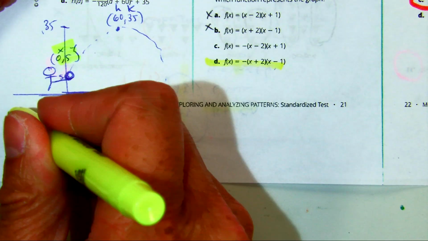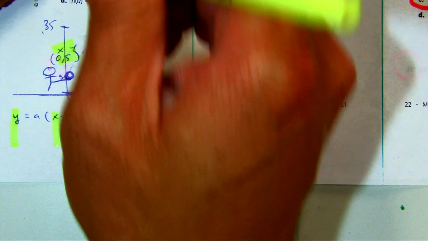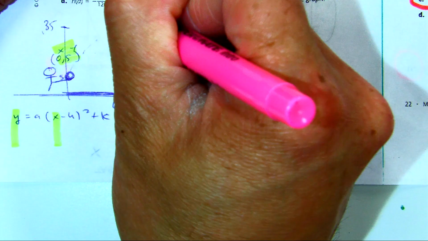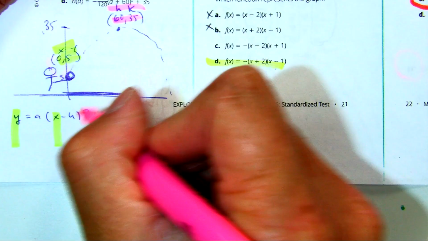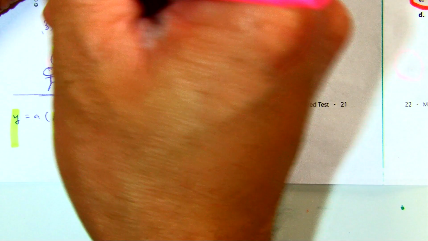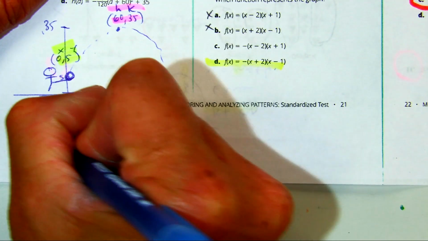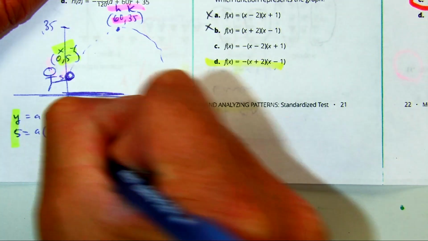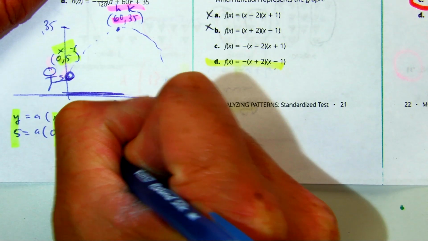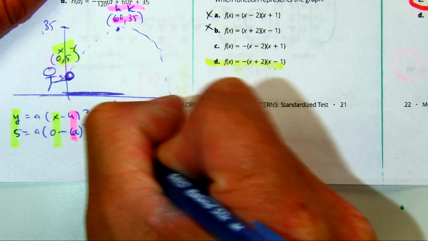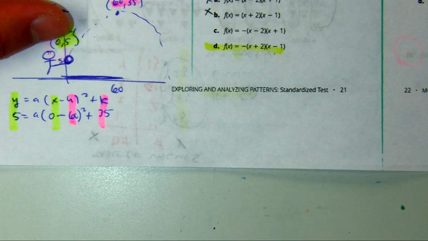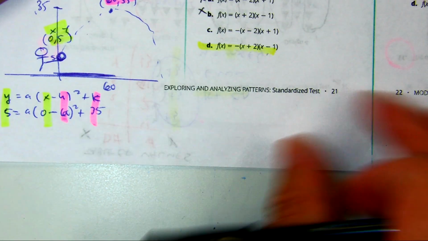Our x and the y values are here. My h and my k are here. So y is 5, a, x is 0, minus 60, squared, plus 35. I'm just going to use PEMDAS to simplify that.